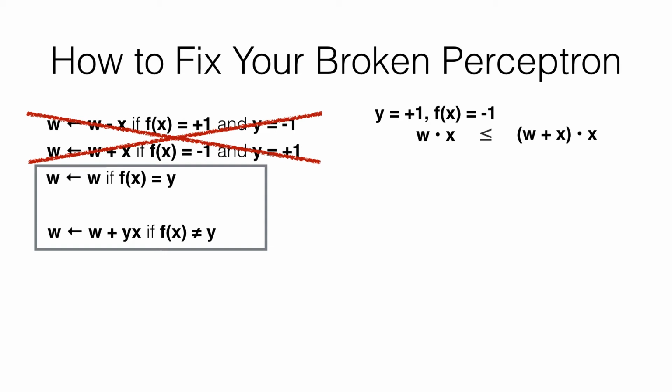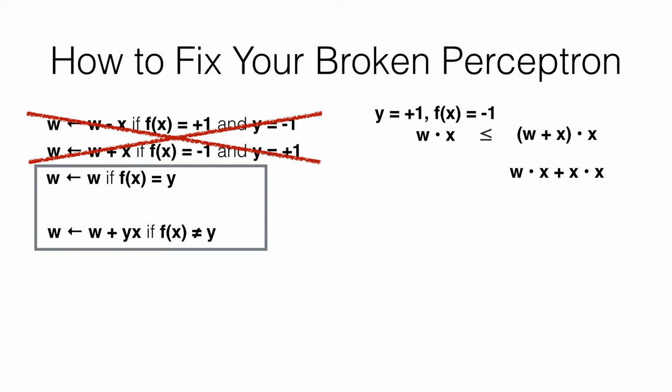It does, and one reason you can show that is that you can distribute this product inside the parentheses, and you end up with two terms. On the left side we have w times x, and on the right side we have w times x plus x times x.